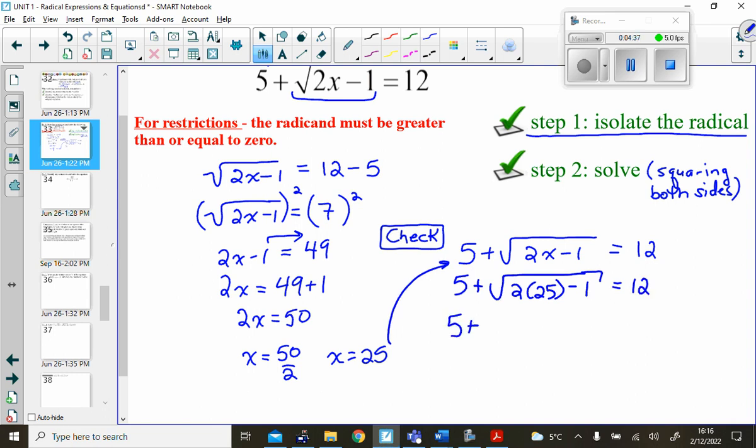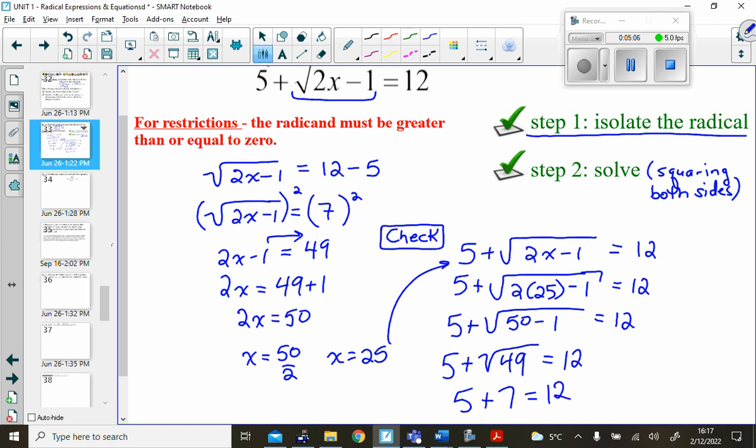We can do this without a calculator. 50 minus 1 is 49. So 5 plus the square root of 49. Straight above where this is on the smartboard, you see root 49 equals 7. 5 plus 7 equals 12.